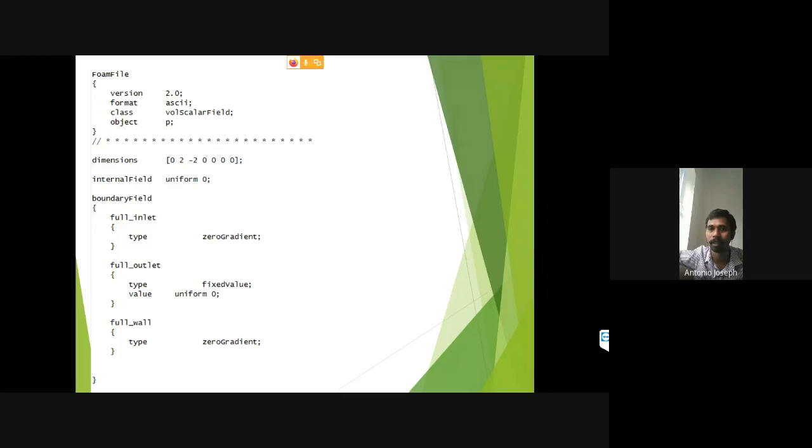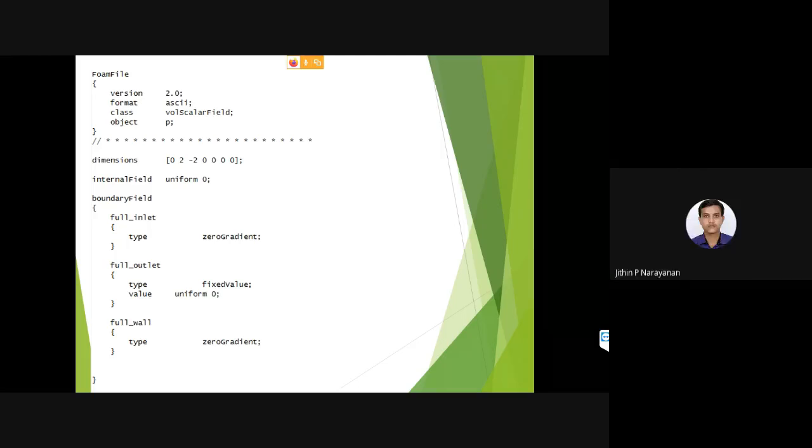If you are specifying both velocity and pressure, say at the inlet I am giving pressure as 1 bar and the fluid has a velocity of 10 meter per second, and at the outlet it can have the pressure 0 bar, 0.1 bar, 0.2 bar, or whatever it may be, and accordingly the velocity can be 10, 20, 30, or even 5 meter per second, there are n number of combinations, and it will be solving and we'll be getting some results, and it won't be correct.